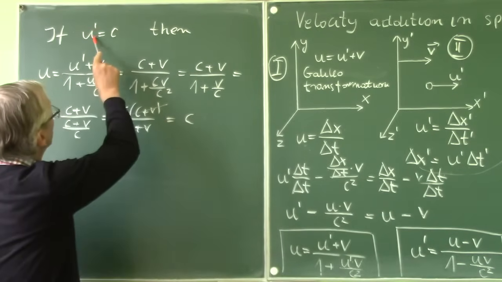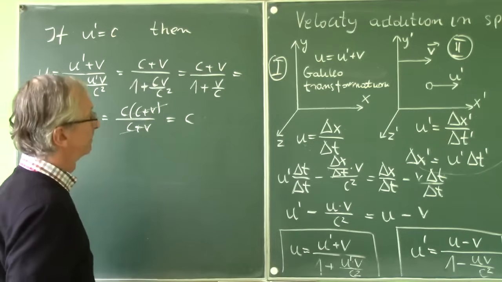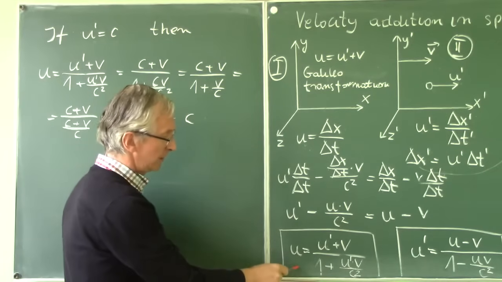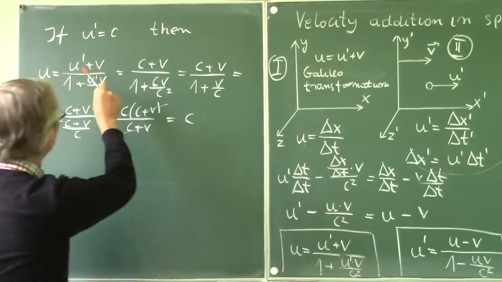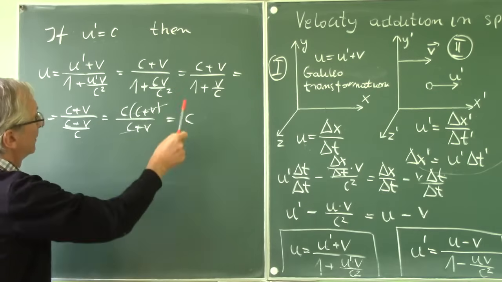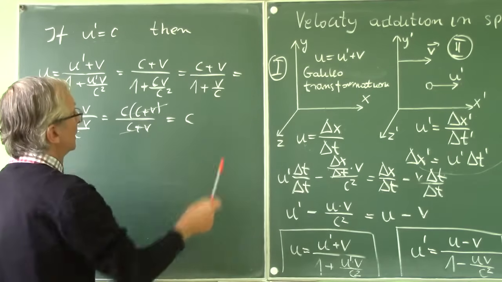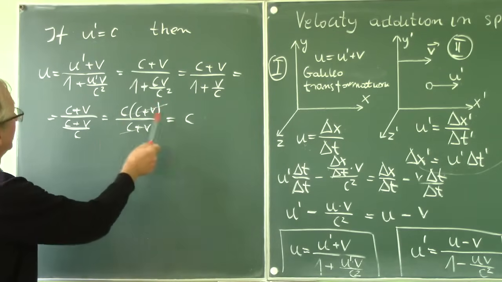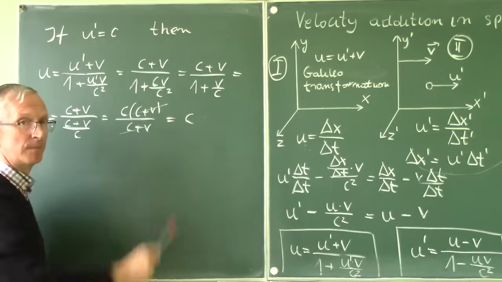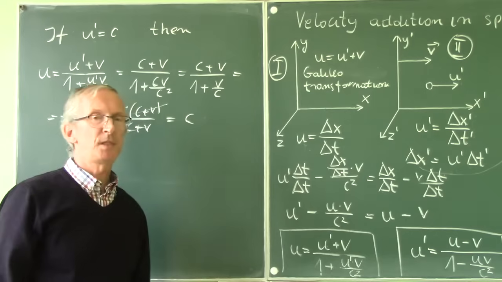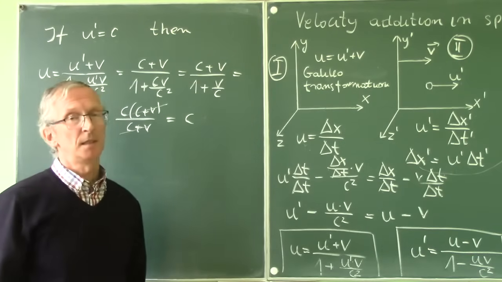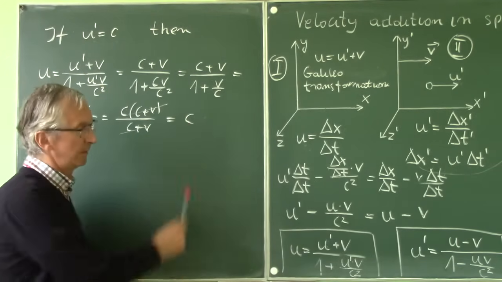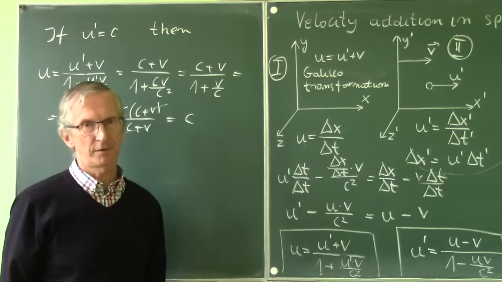So u dash is equal to c. Now we put c into this equation here and here, and it's down here. Now we have such an equation. We change the form to this, and we see that the result is u equals c. So the speed of light in both these inertial frames of reference is the same and is equal to the speed of light in the vacuum.